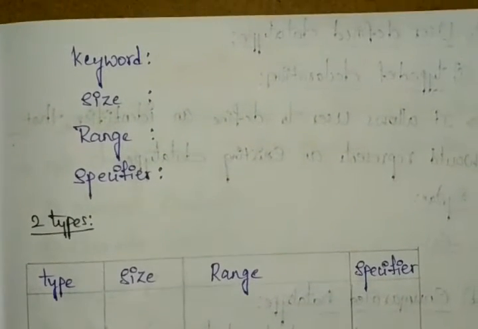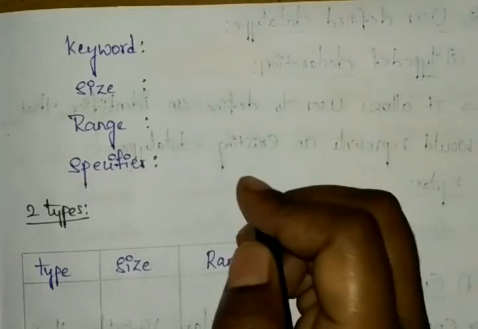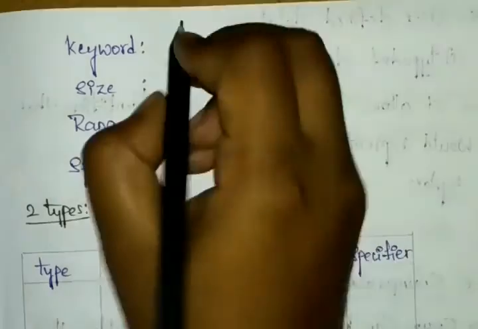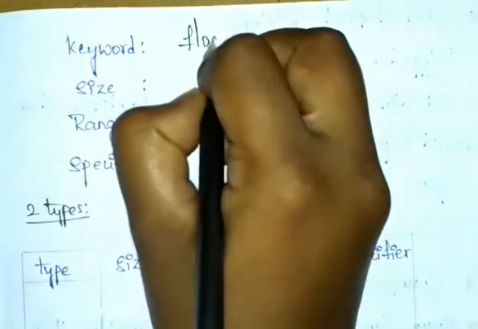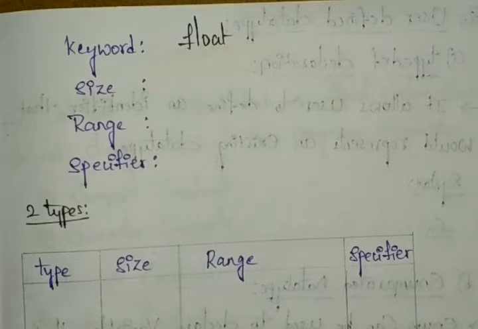The float data type has the keyword float. All the keywords are written in small letters only. The first letter is also a small letter. We will not accept uppercase letters. You can check the keywords topic.